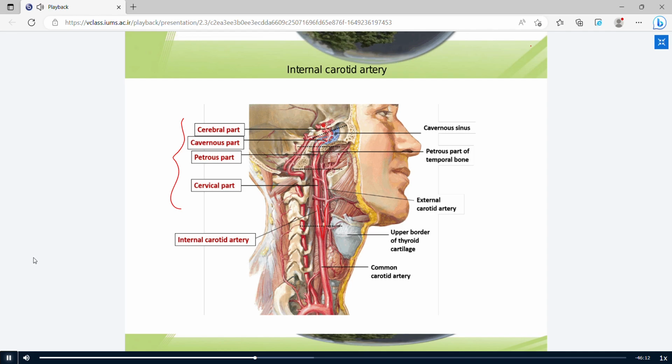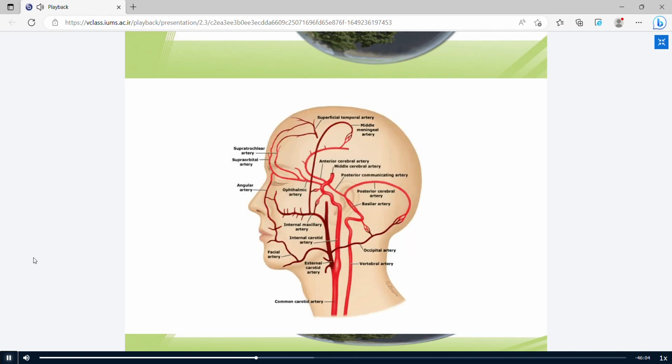After that, it finally enters the skull and divides into three branches: the middle cerebral artery, anterior cerebral artery, and ophthalmic artery.